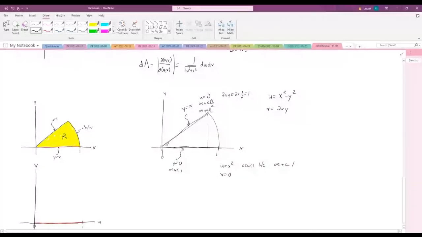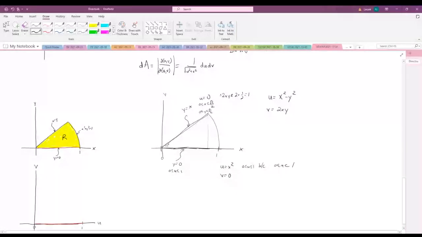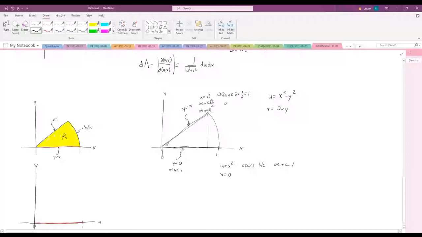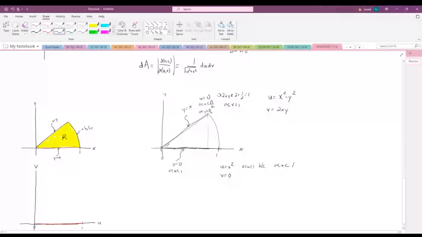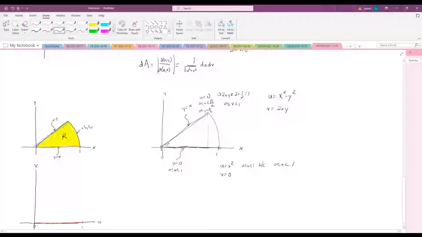So this means that v goes from 0 to 1. So this segment maps to, well, u is 0, so we're on the v-axis, and v goes from 0 to 1.